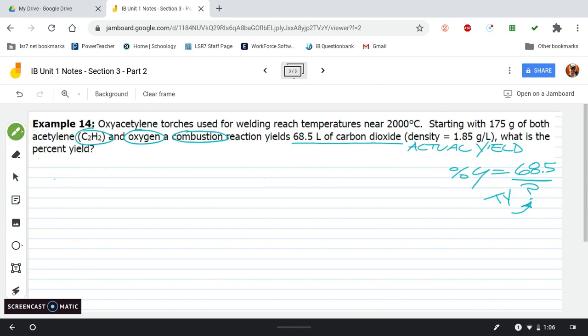All right, let's see if we can get it figured out. So we have some acetylene. We have some oxygen. We've got some carbon dioxide. And we have some water.